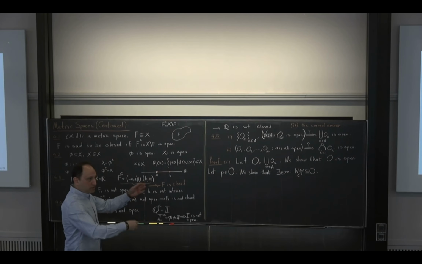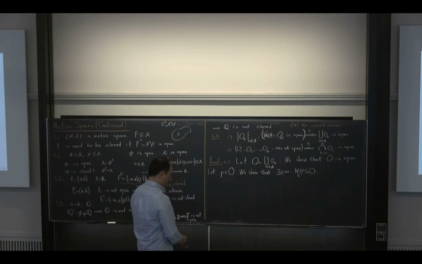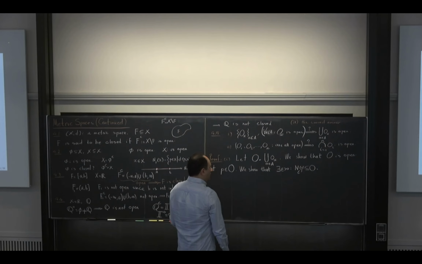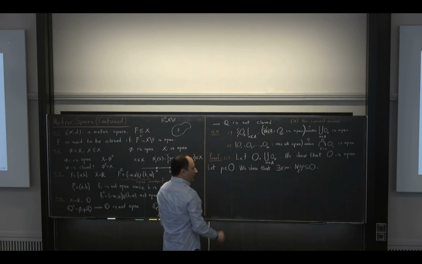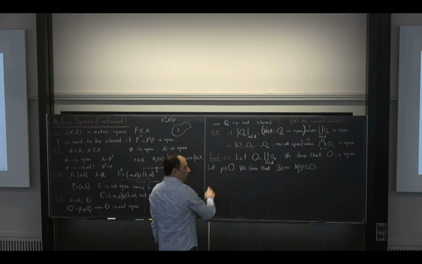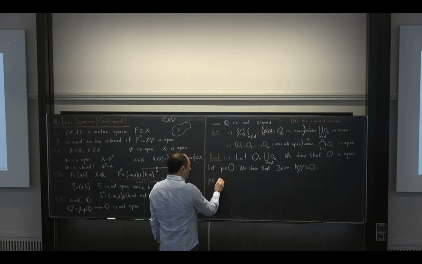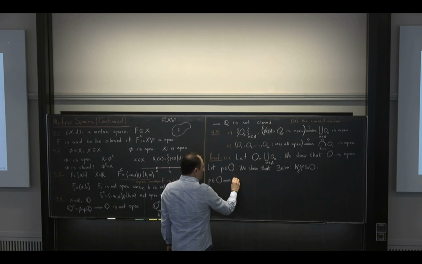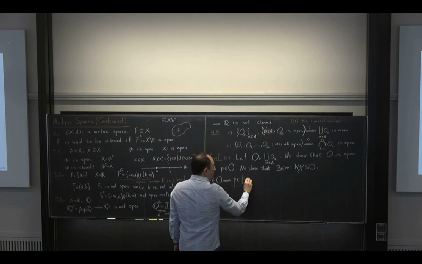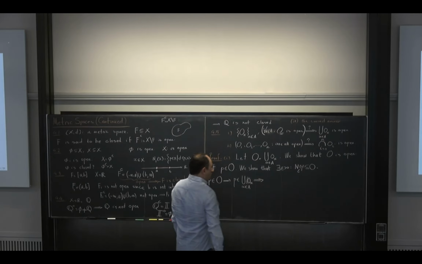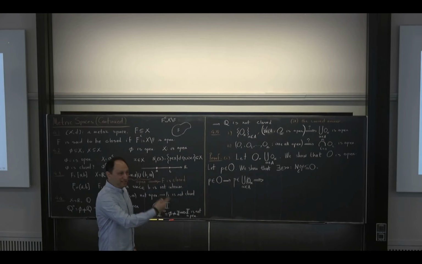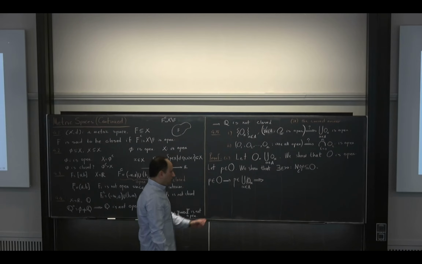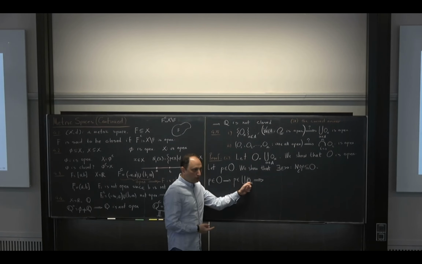Everything is clear, so we are setting up the basis for the proof. Okay, but now what do I have in my hand? I have P belonging to O. So I start from here. P belongs to O. So what was O? O was that union. So P belongs to the union. So you have to remember something from the first lesson in analysis, or second lesson. So what can I conclude? If something is in the union, what does it mean? It means it is in at least one of these sets.